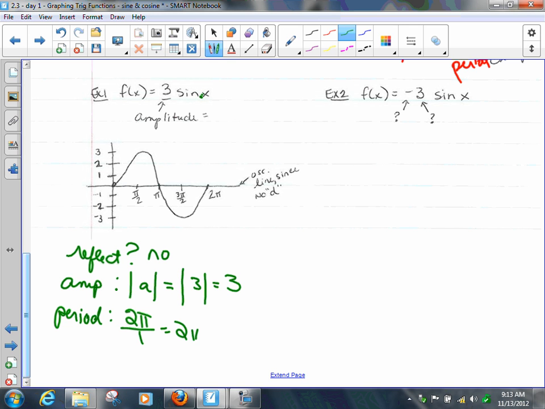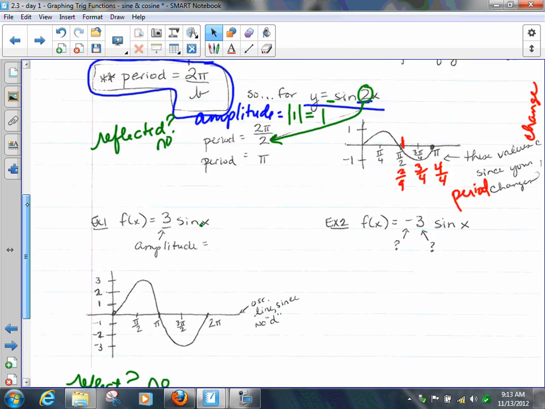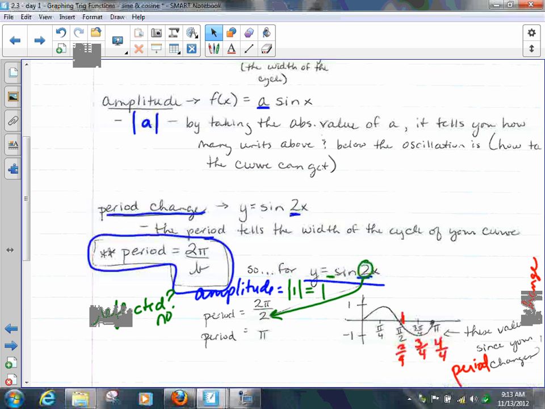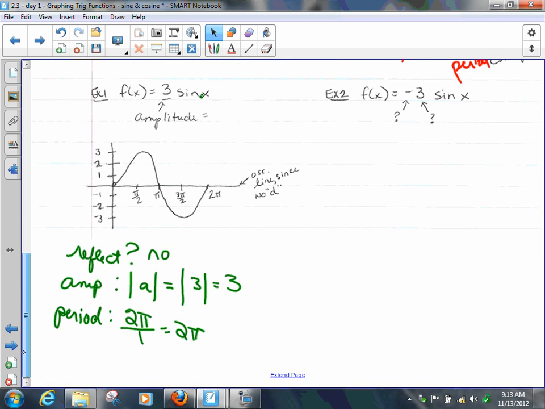Now, where did that come from? Go back and look. Your period is 2 pi over b. 2 pi over that number. That's where that came from.